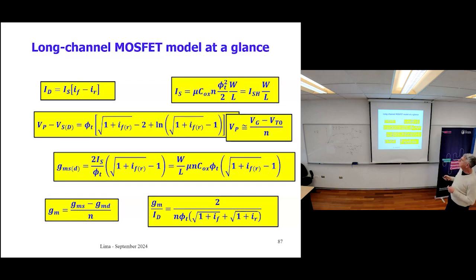One of them is associated with this parameter here, the sigma. And the final one is the velocity saturation. It's not included in the formulas here. Let's forget about the velocity saturation.